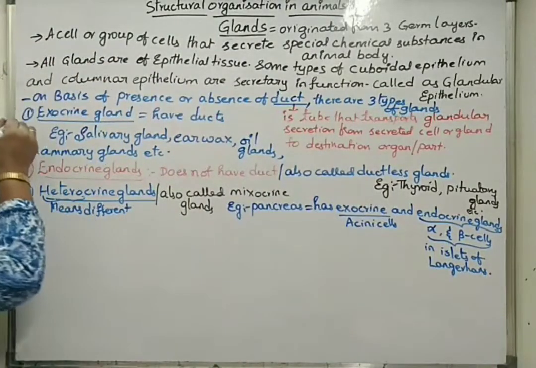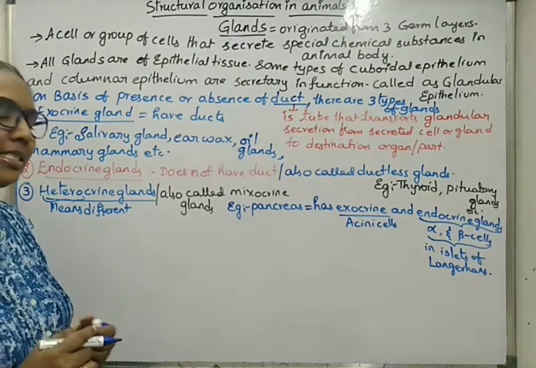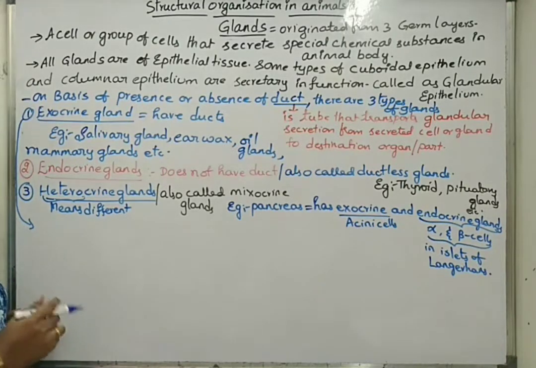Coming to exocrine glands, on the basis of the mode of how they are secreted, again these are of 3 different types.